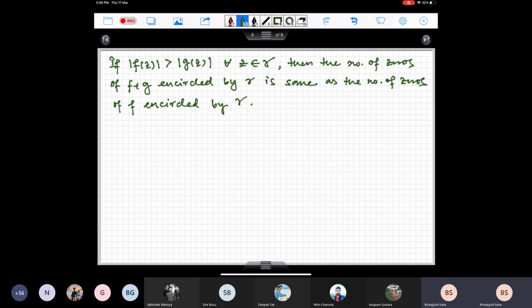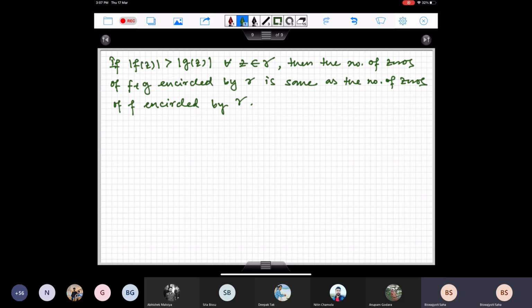So whenever you need to find the zeros of certain functions, you try to understand what is the central part of that function, collect that, and then try to show that on some circle, let's say, that main component is going to dominate all other remaining components as far as the modulus is concerned.